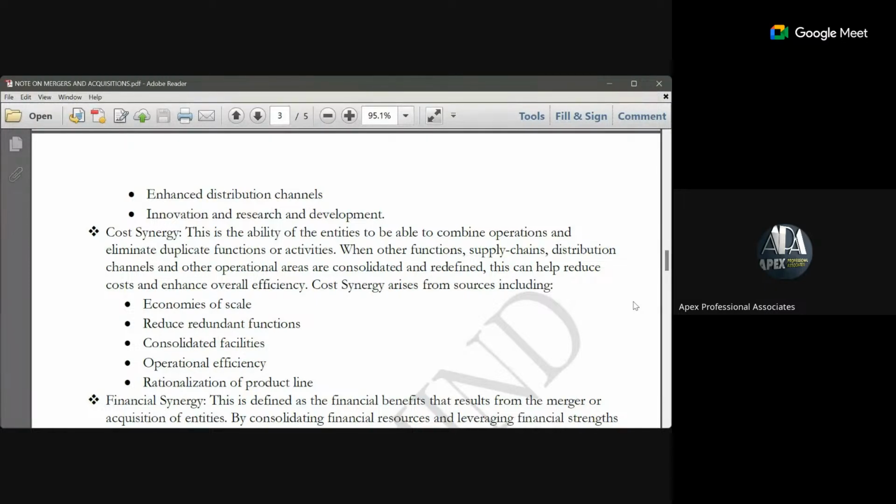As a result of that, the redundant ones that are actually not doing anything, they can reduce the number of staff or reduce the number of functions. They'll be able to share those activities amongst each other for them to be able to meet up with their timing, with deadlines.